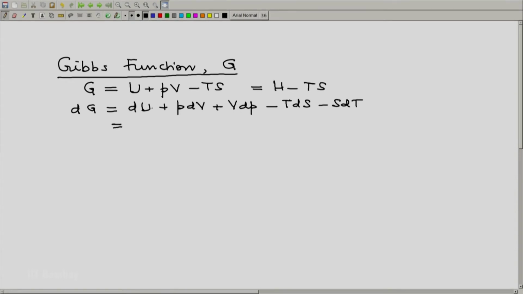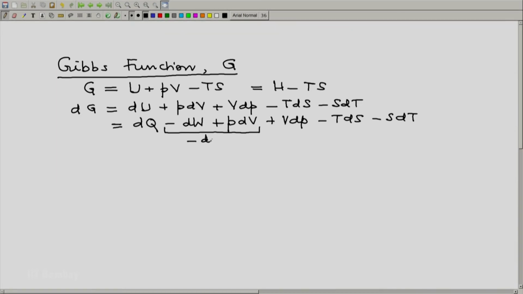Now let us expand dU using the first law, that will be dQ minus dW plus PdV plus VdP minus TdS minus SdT. Now you will notice that here we have a combination of minus dW plus PdV, that will be minus dW other.